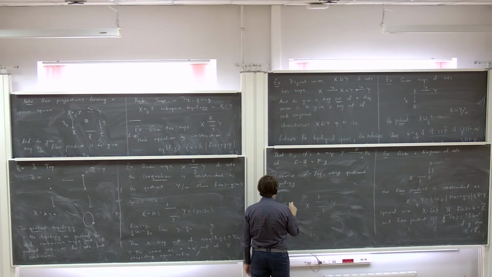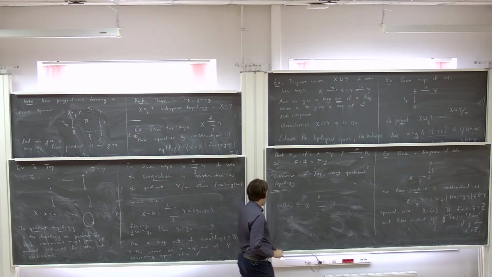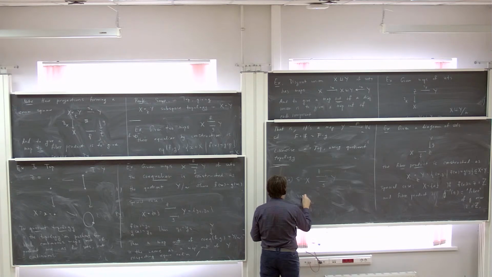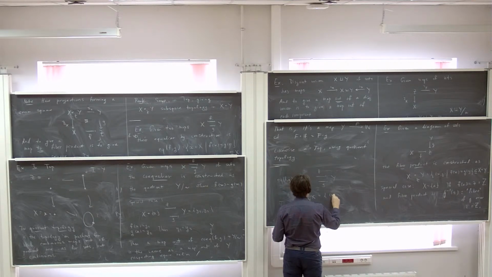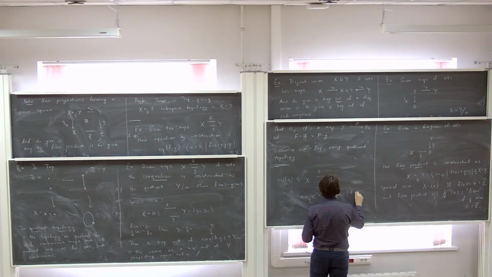By the way we constructed it, it appears as a subset of X. If I form the fiber product like this, what is this? This is pairs x1, x2 such that f of x1 equals g of x2.